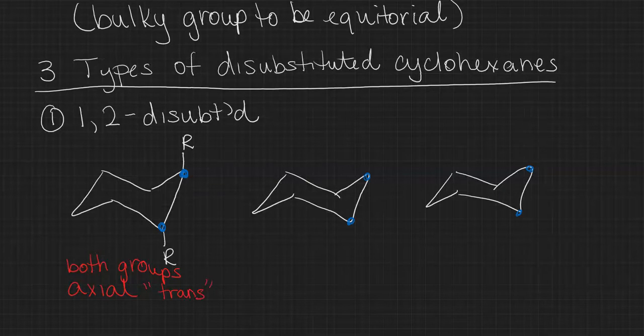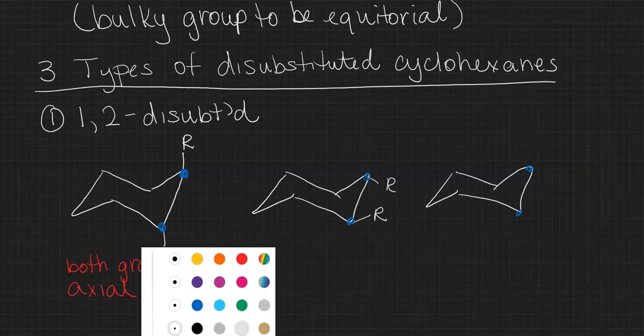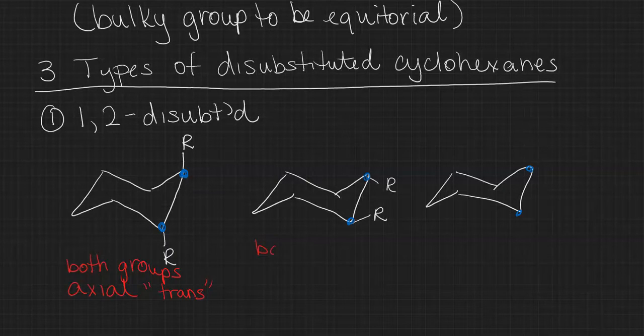I can look at both groups being equatorial. And if both groups are equatorial, that would still represent trans. Remember we talked about our upper and lower limits, and I told you guys to write in your horizontal line.